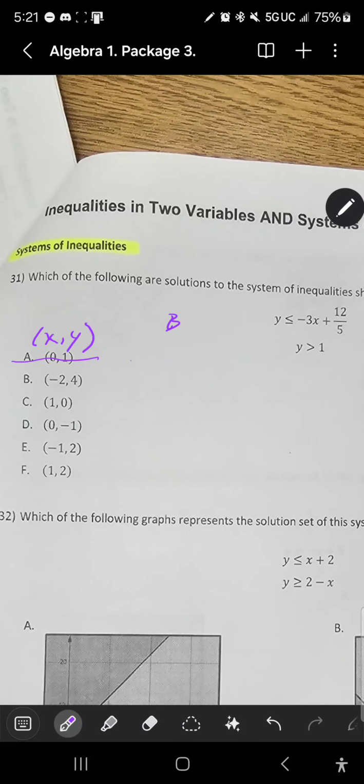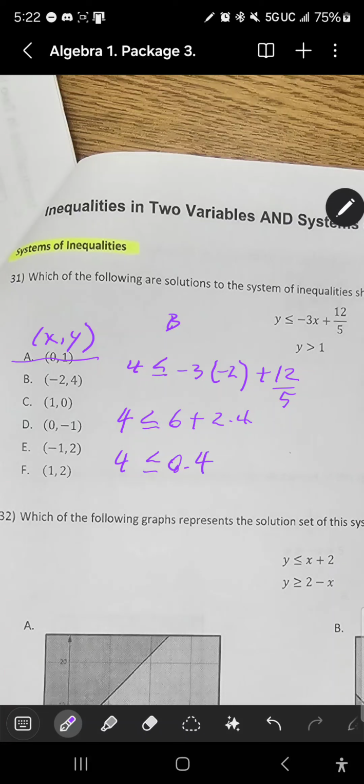For B, 4 less than or equal to -3 times -2 plus 12 over 5. So I have 4 less than or equal to -3 times -2, which is positive 6, because negative times negative is positive, since they are the same sign. And then plus 2.4, which is 12 over 5. I get 4 less than or equal to 8.4.